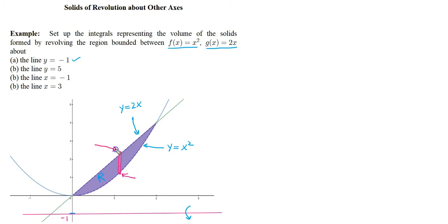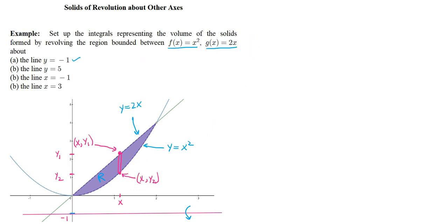Those are going to give us our outer and inner radii. Let's call this point right here x comma y1. I have to distinguish between the y coordinates because it's a vertical rectangle. And let's call this point x comma y2. The value x, of course, is right here on the x-axis. Y2 would be over here, and y1 would be right about there on the y-axis.